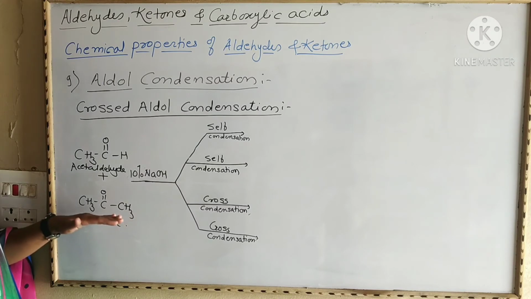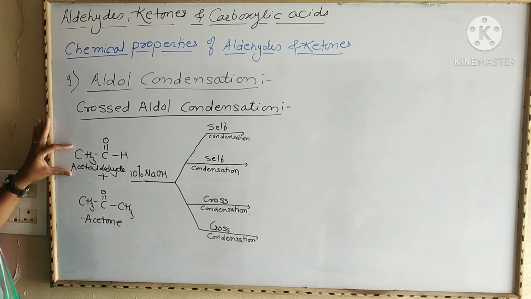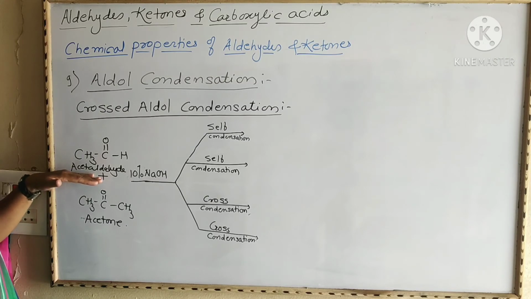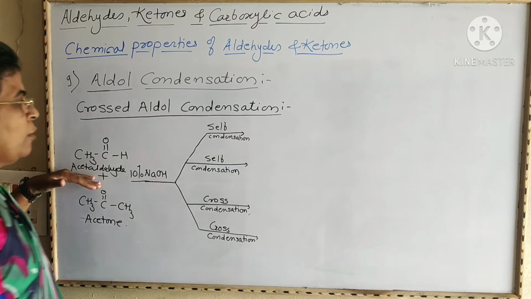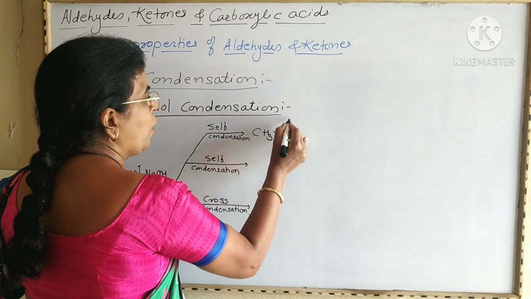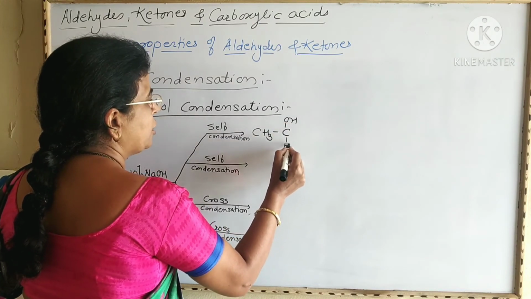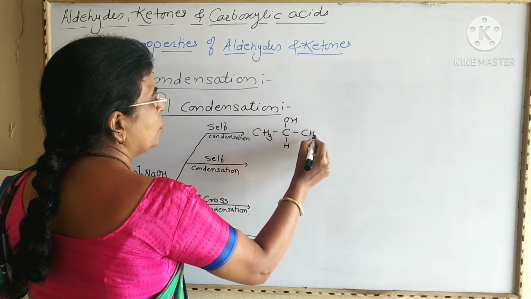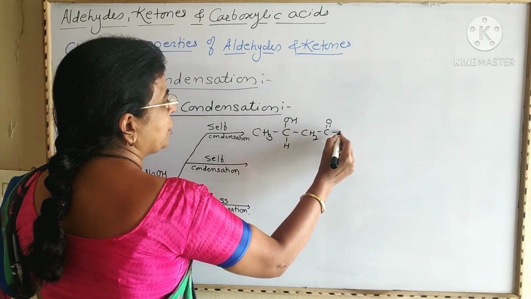First, when the first molecule of acetaldehyde reacts with a second molecule of acetaldehyde in presence of 10% NaOH, we get CH3CH(OH)CH2CHO.